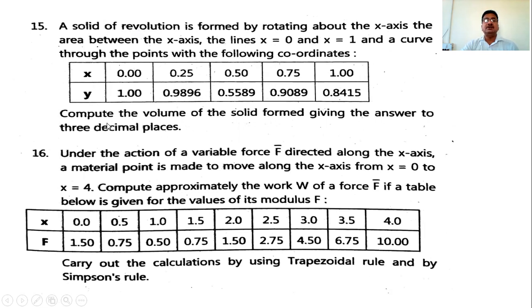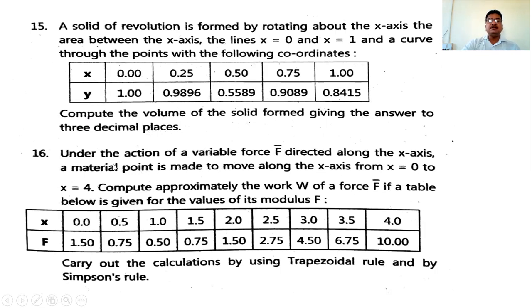And what is the question? Compute the volume of the solid formed, giving the answer to 3 decimal places. So write volume is equal to the integration from 0 to 1 of y dx, and apply either Simpson's 1/3 rule, 3/8 rule, or the trapezoidal rule, whichever is applicable.